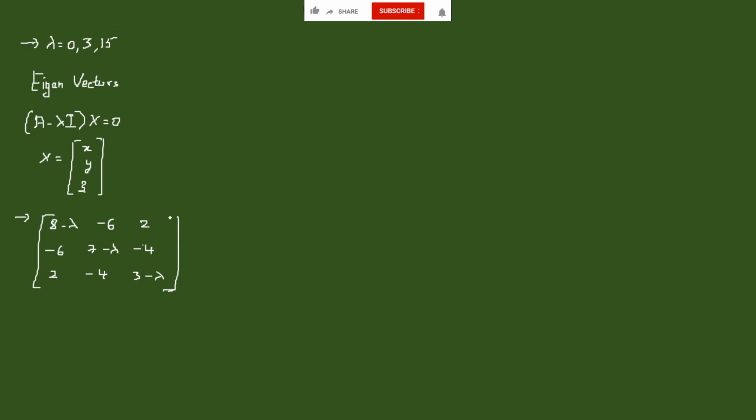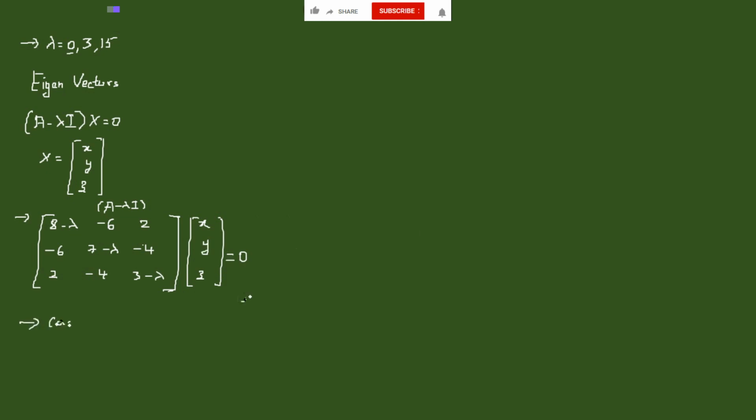Just I have written down the A minus lambda I. Now we multiply with x, y, and z, which is equal to 0. First we'll take lambda as 0.